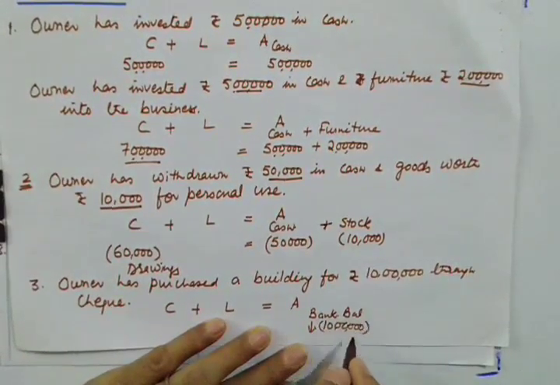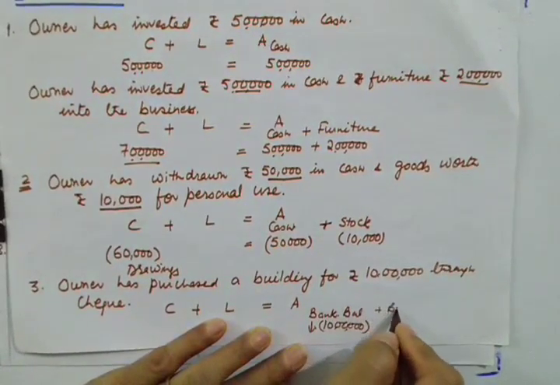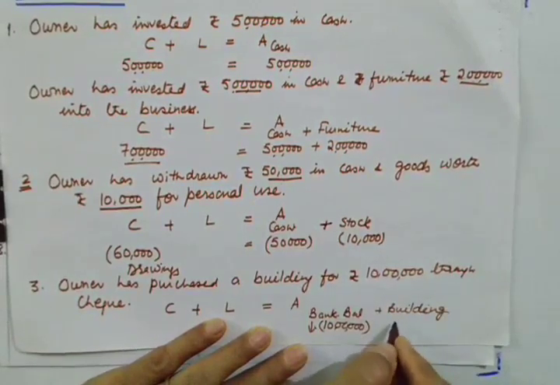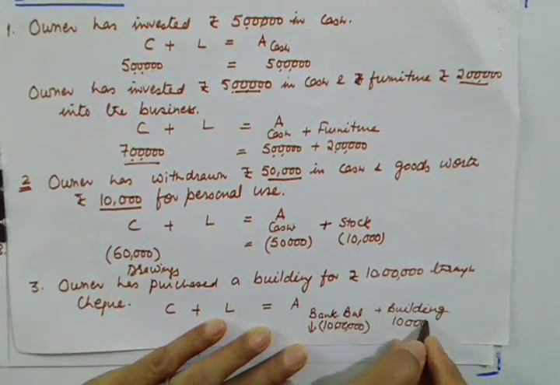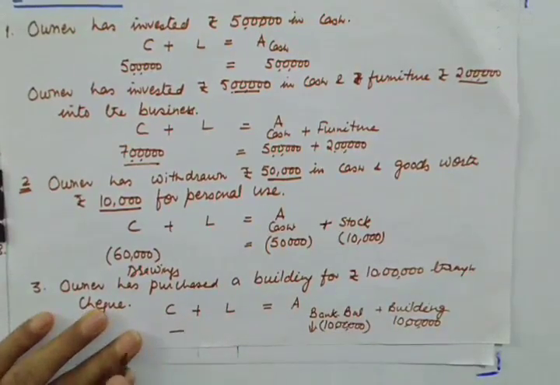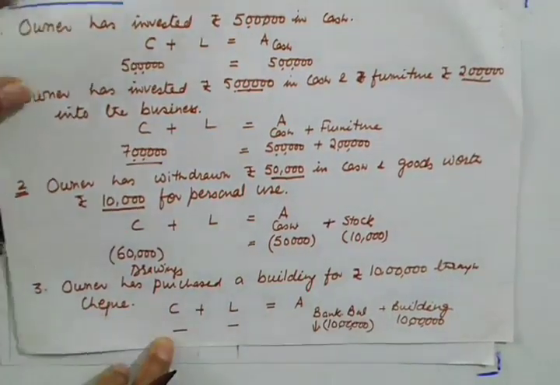So you will deduct your bank balance by 10 lakhs, and a new item, building, will be added with 10 lakhs. Keep in mind that there will be no change in capital, no change in liabilities. So I hope this is clear to you.